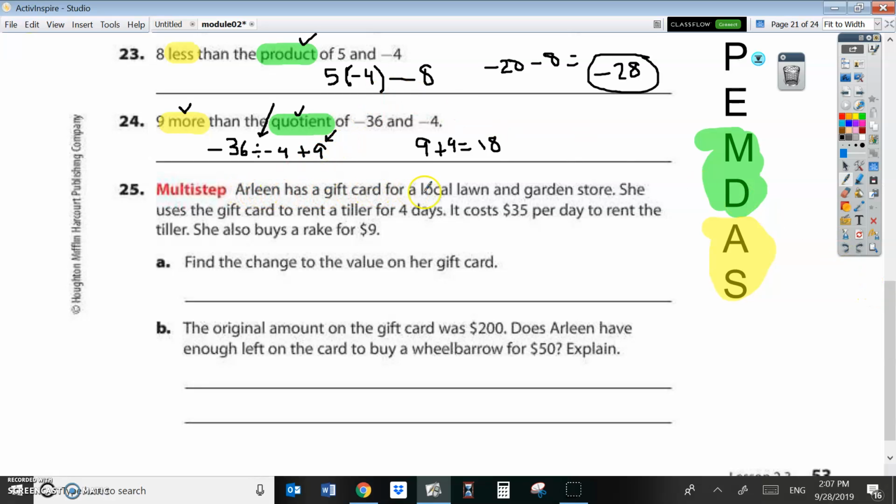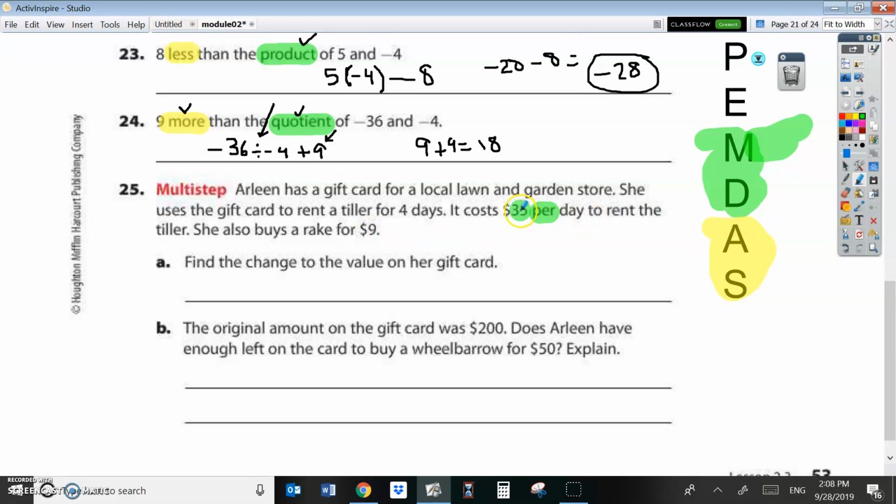Arlene has a gift card for a local lawn and garden store. She uses her gift card to rent the tiller for 4 days. Oh, another word that means multiply is per. Per means multiply. It costs $35 per day to rent the tiller. She also buys a rake for $9.